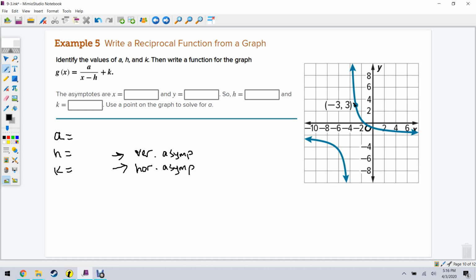So let's look at the vertical and the horizontal asymptotes here. Let's start with the vertical one. I can tell this graph, the branches are getting close to this number here, right? And same thing on this one. So it looks like we have the vertical asymptote right here. Can I say it is -4? You know, it's passing through -4. So x equals -4 is going to be our vertical asymptote.